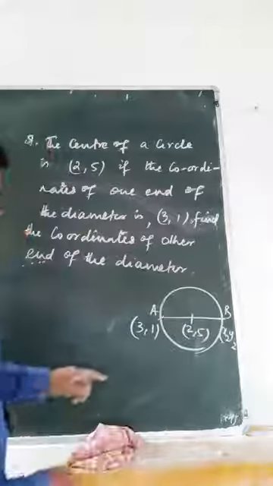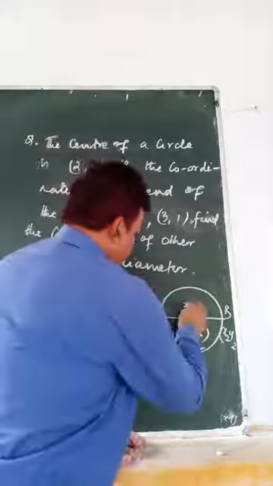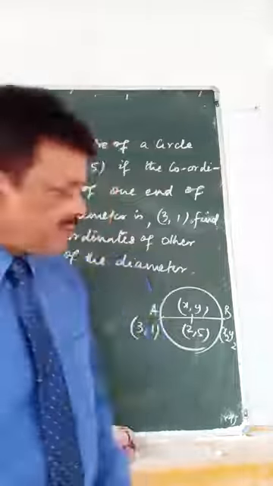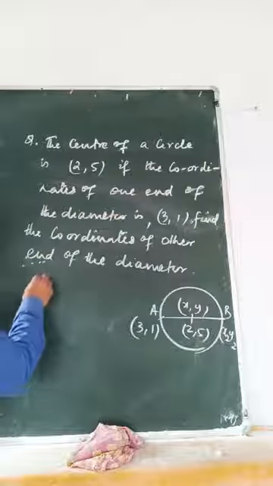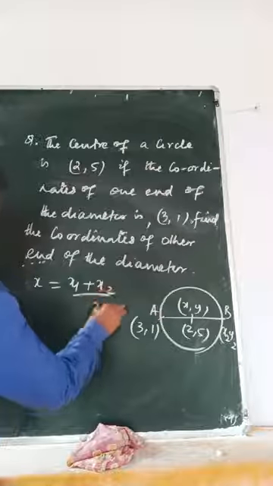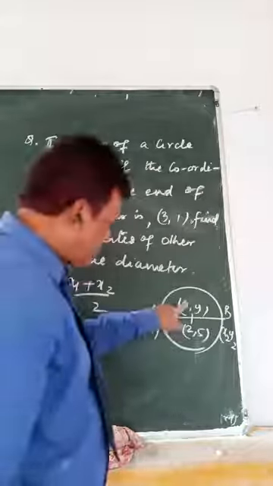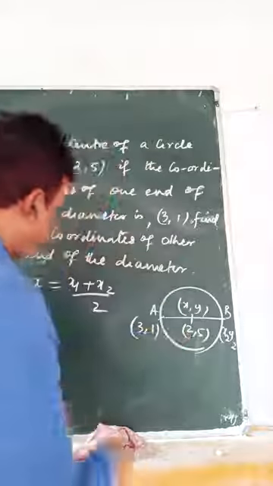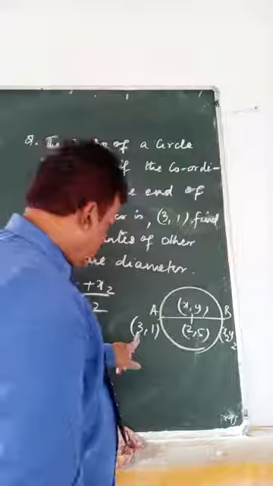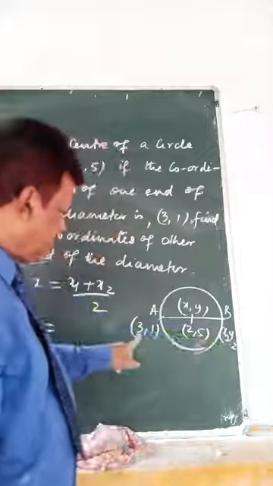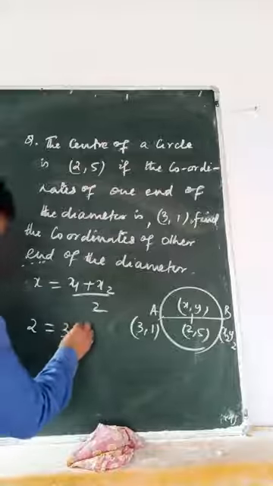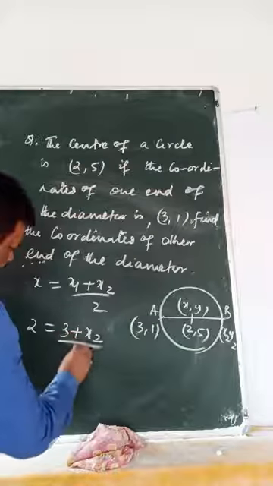Okay, formula is what? This is your (x, y). X equals x1 plus x2 by 2. X means 2. 2 equals x1 plus x2 by 2, means 3 plus x2 by 2.